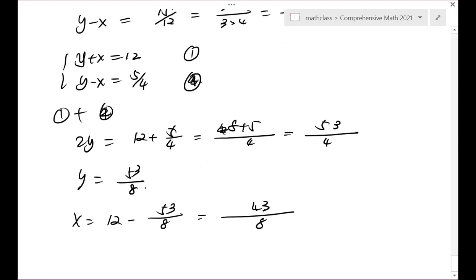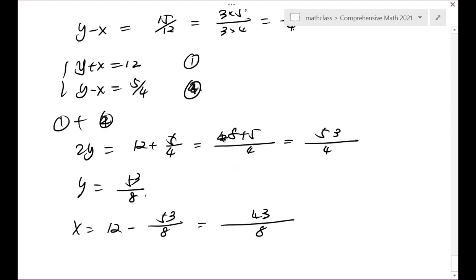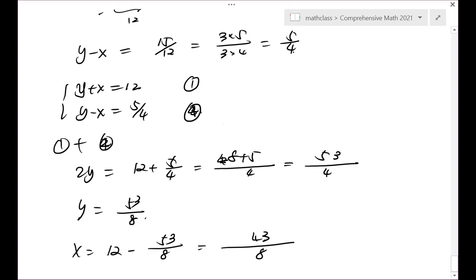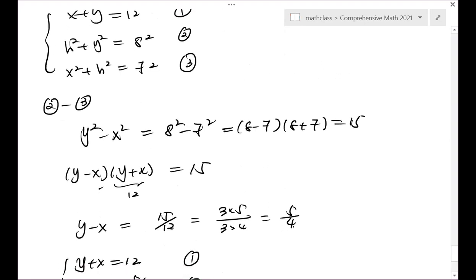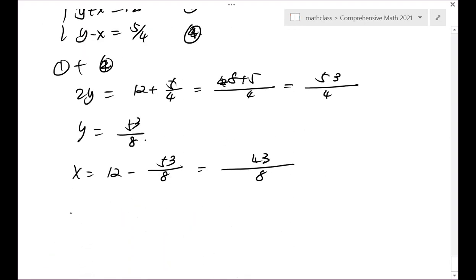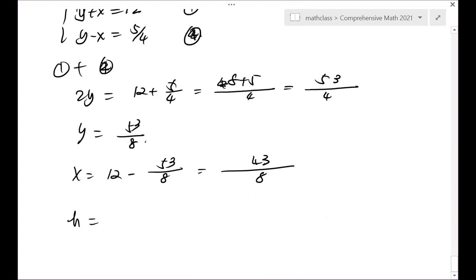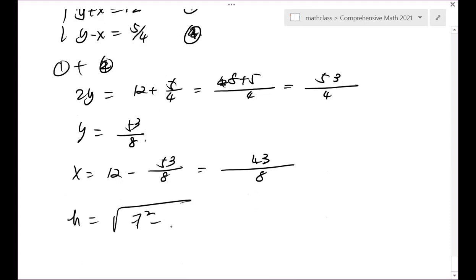So you get x and y, but you needed to get h. h is going to be, let's see, use one of the equations, the square root of 7 squared minus x squared, where x is 43 over 8.